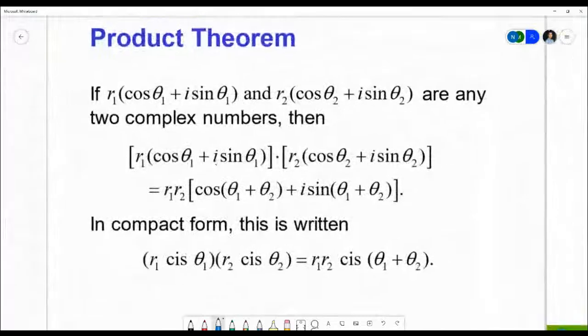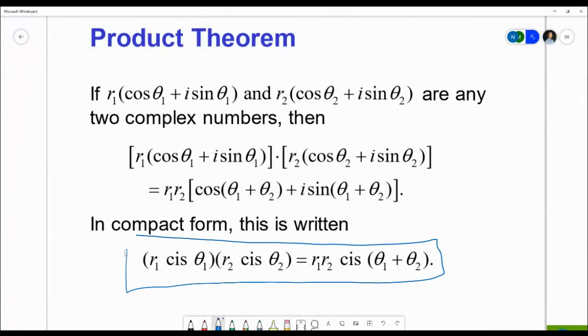So in general, whenever we have two complex numbers in trig form multiplied together, multiply their moduli together, and then add the angles together. This is very, very quick to do, and this is the benefit of doing it in trig form. Later on, you're going to see there are a few other ways that make this very beneficial as well.